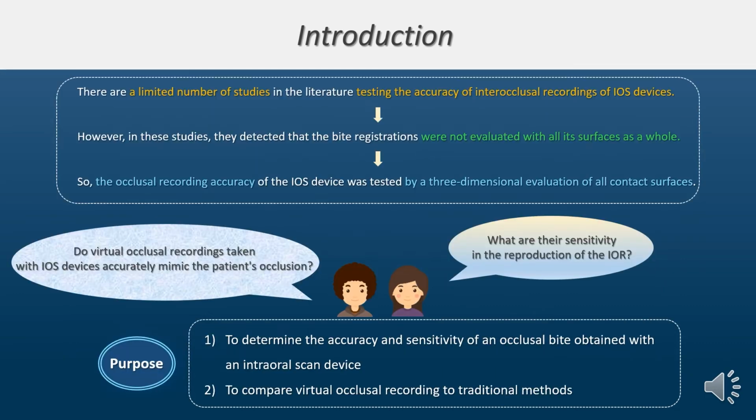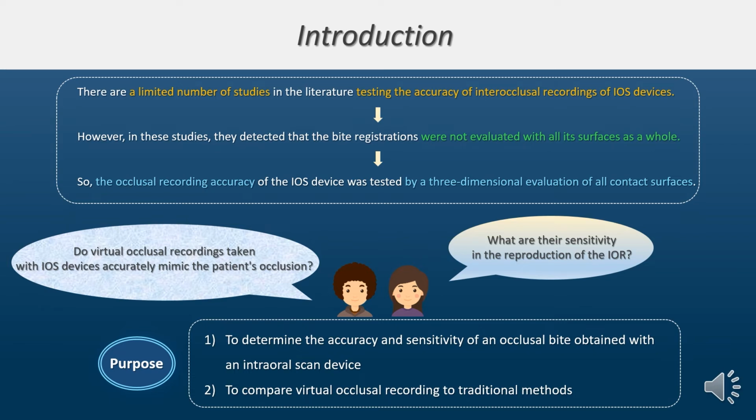There are a limited number of studies testing the accuracy of interocclusal recordings of IOS devices. However, these previous studies did not evaluate all bite registration surfaces as a whole.